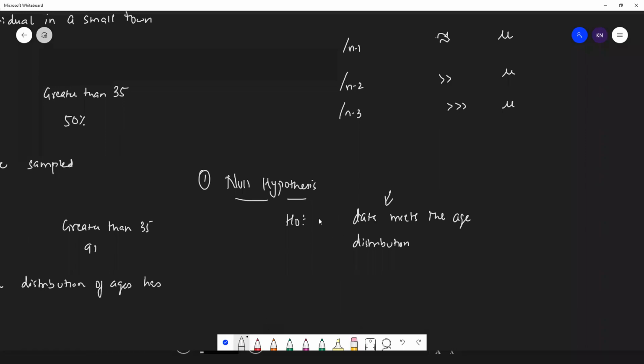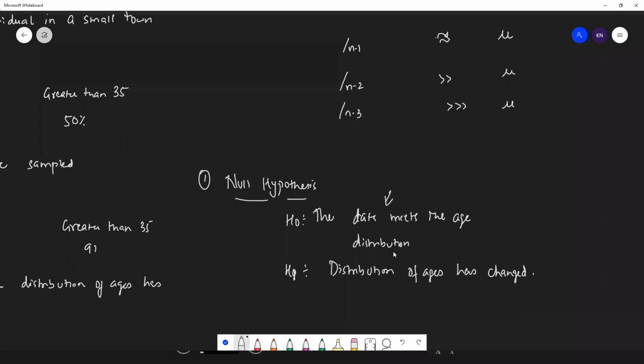So my null hypothesis will be the data meets the age distribution. H1 is nothing but, okay, the distribution of age has changed. Clear, everybody, with this? Yes or no?